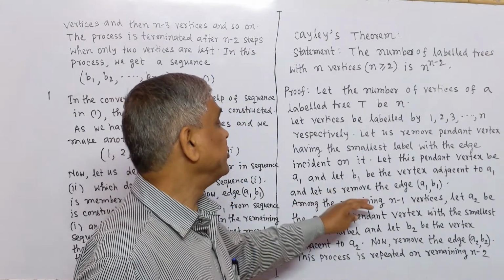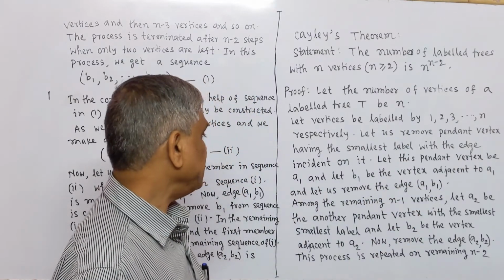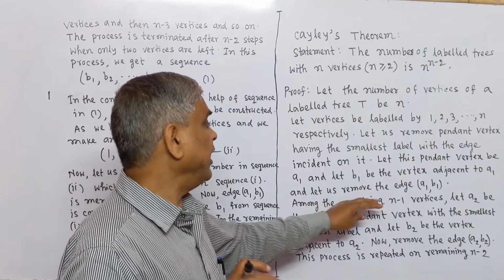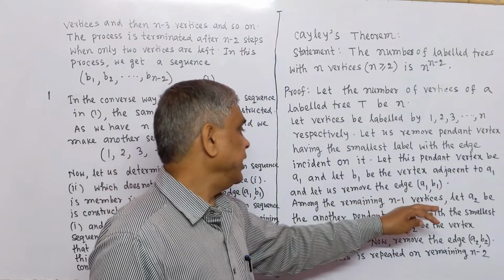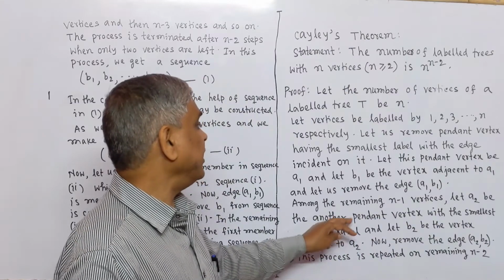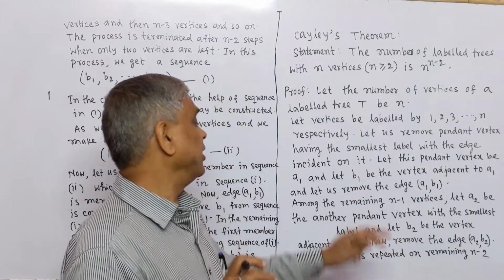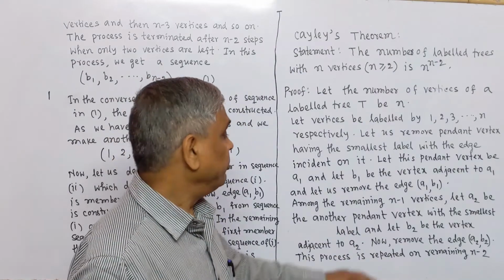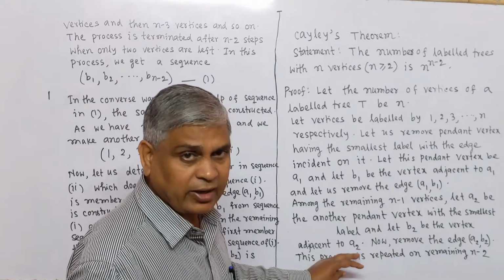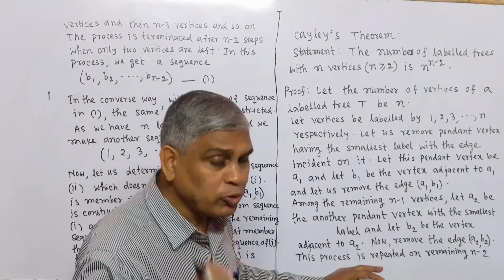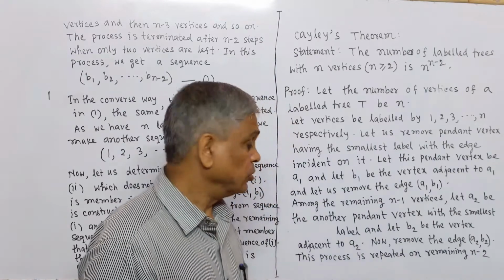And let us remove the edge A1, B1. Among the remaining n minus 1 vertices, let A2 be another pendant vertex with the smallest label, and let B2 be the vertex adjacent to A2. Now we remove the edge A2, B2.